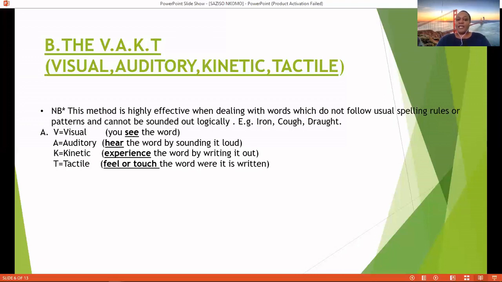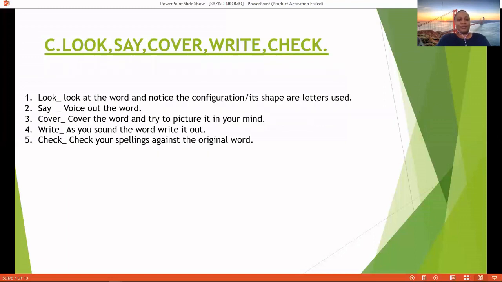And most probably it will work maybe for those people who use their braille, right? That is another method which works well when we work with learning how to spell, the VAKT method. Right, we move over to our next method.